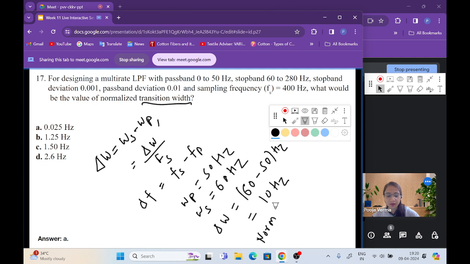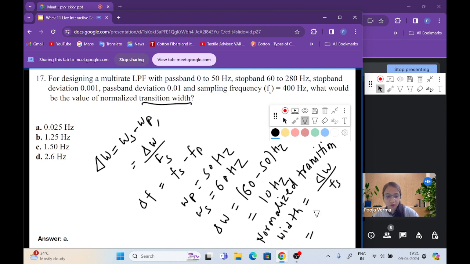How will we get it? It is del omega divided by the sampling frequency.